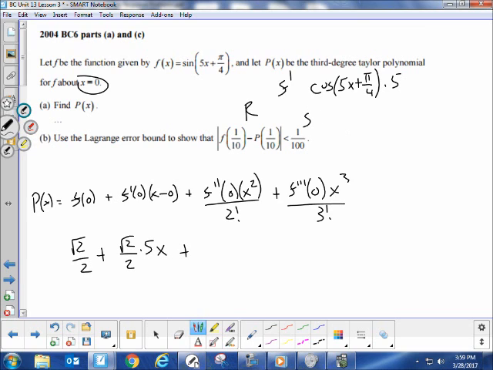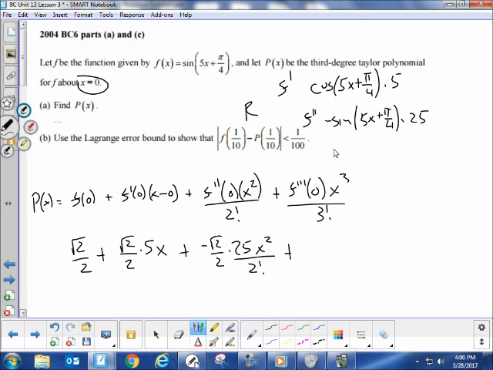Second derivative, I go to negative sine of 5x plus pi over 4 times 25. Plug in 0, and I get the negative sine of pi over 4. So that's negative root 2 over 2 times 25, so negative root 2 over 2 times 25 x squared over 2 factorial.